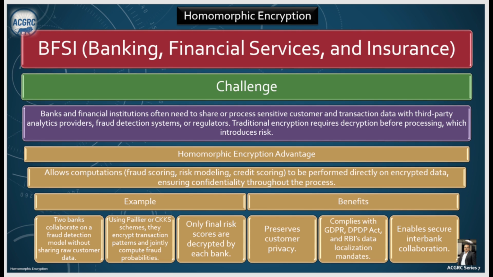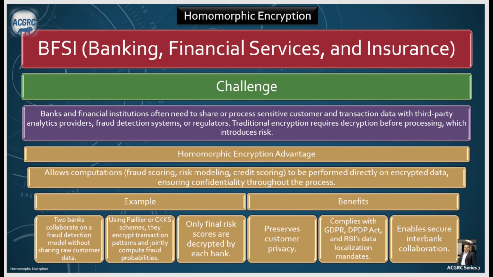Homomorphic encryption allows computation to be performed directly on encrypted data, thus ensuring confidentiality throughout the process. Example: two banks collaborate on a fraud detection model without sharing raw customer data.